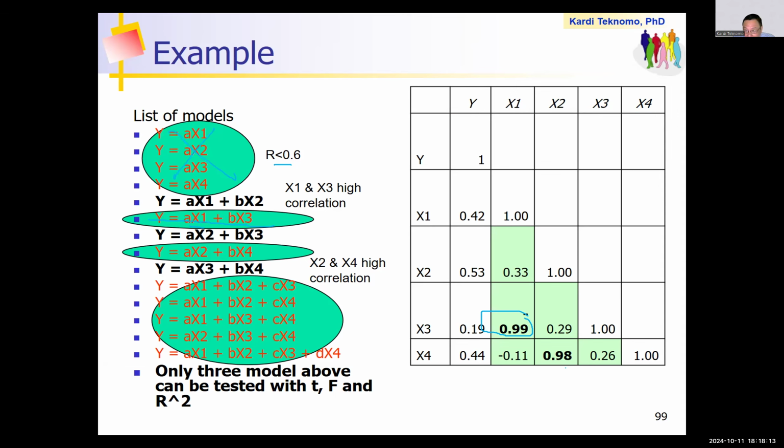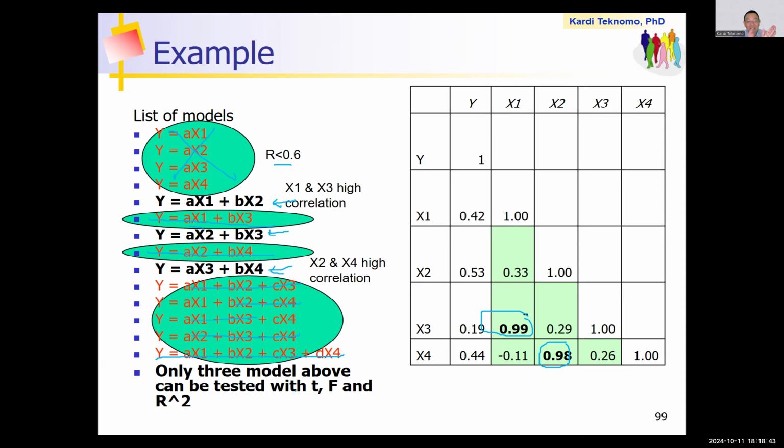Between x2 and x4, because this is also high correlation, I need to remove it also. Everything with x1 and x3 I remove. This one with x2 and x4, I remove. This one x1 and x3, I remove. This one is x2 and x4, so I remove. This one, all of that I also remove. So finally, what we have is only these 3 models: 1, 2, and 3.